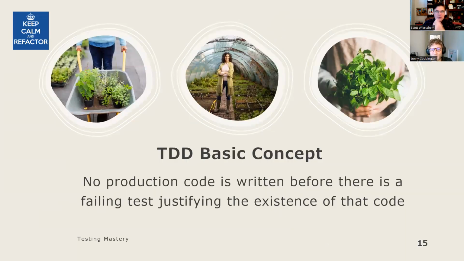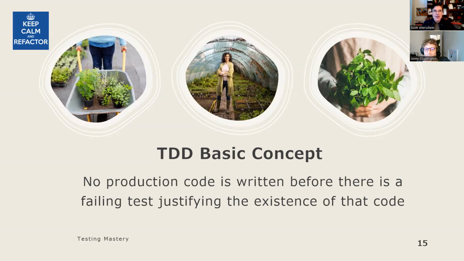So the fundamental idea of test-driven development is that no production code is written before there is a failing test justifying the existence of that code. And again, that totally turns most software development on its head.